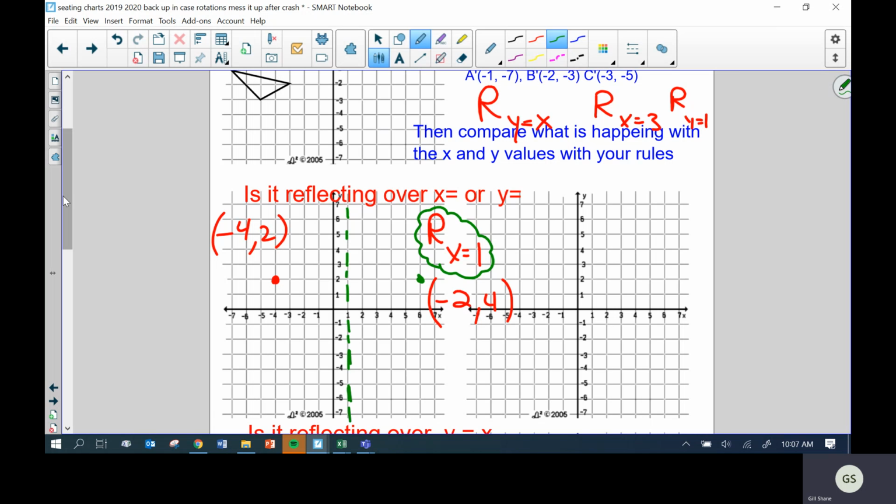So this was my original point, and I said reflecting it over x equals 1 puts it right there. What is the coordinate for that point in green? I put it exactly where it should be. And no, it is not correct. Because reflecting it, remember, that was at the 4, that was at the 6. Exactly. So it can't be this because my x value is 6, not 4.